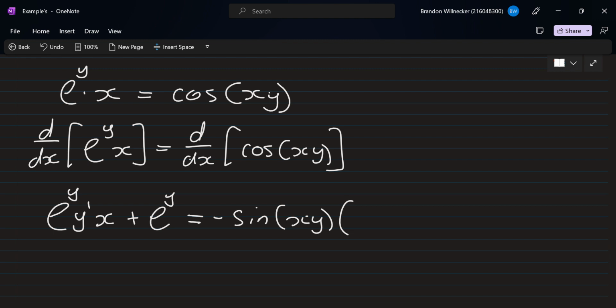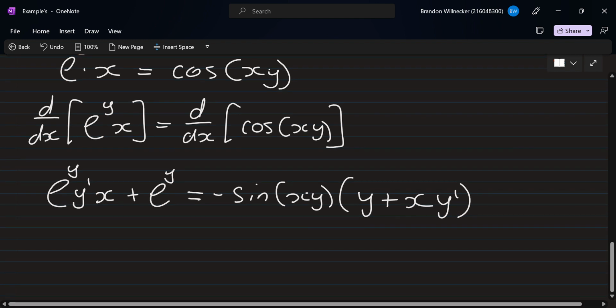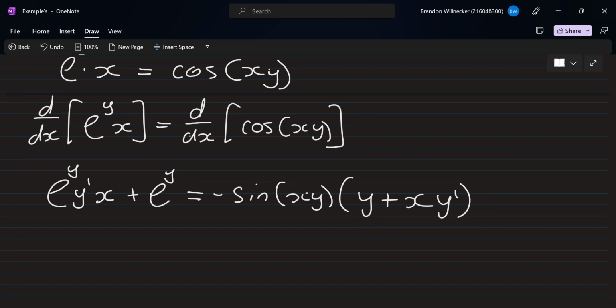The derivative of x is just 1, so we're left with the y, plus x, and the derivative of y, that's y prime. Okay, so let's see where the y primes are. We've got one over there, we've got one over there. So we just need to expand that right-hand side a bit, collect the y prime terms, and then solve for that.